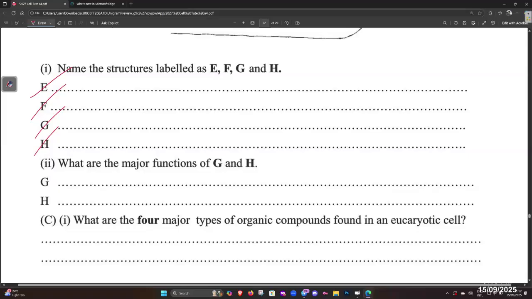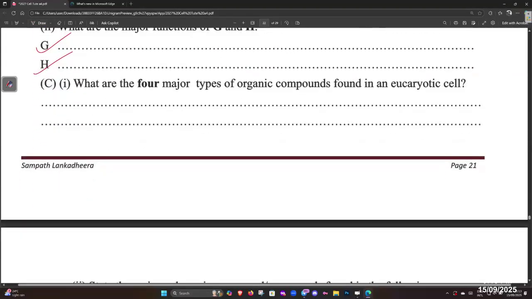Anyone you can write here. For Golgi, what can you say? Formation of lysosomes. That's easy. Golgi forming lysosomes, collecting, packaging, modifying and distribution of materials, manufacturing cellulose and non-cellulose materials. Correct. So you can write them here.